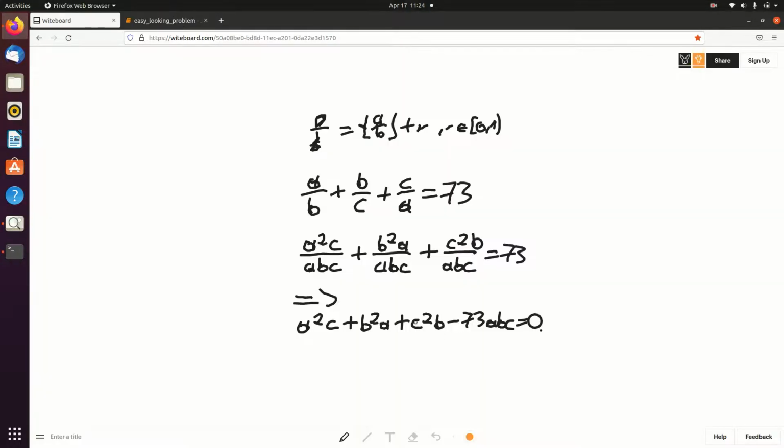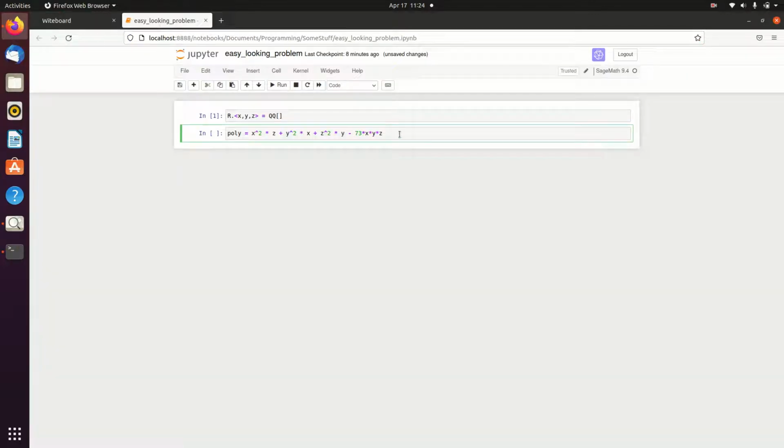I'll show you again, that was the equation, and the solutions are the zeros of this polynomial. Okay, that works. Now the next thing we want to do is see if we have an elliptic curve.